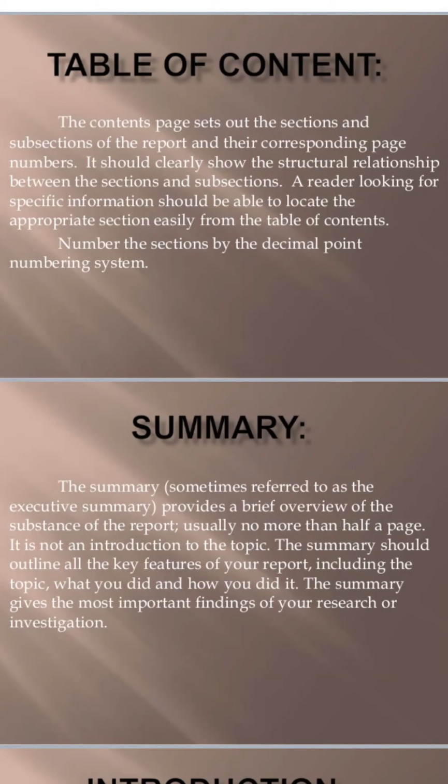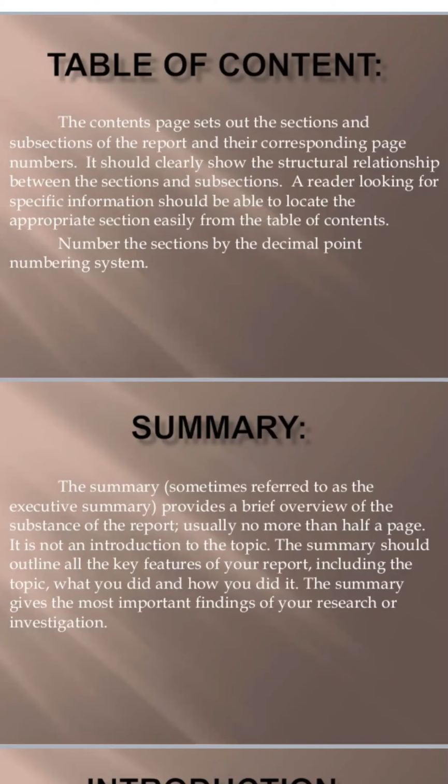Why do we need to write it down? It can give your reader a very easy approach to go directly to the section that he or she is interested in reading.